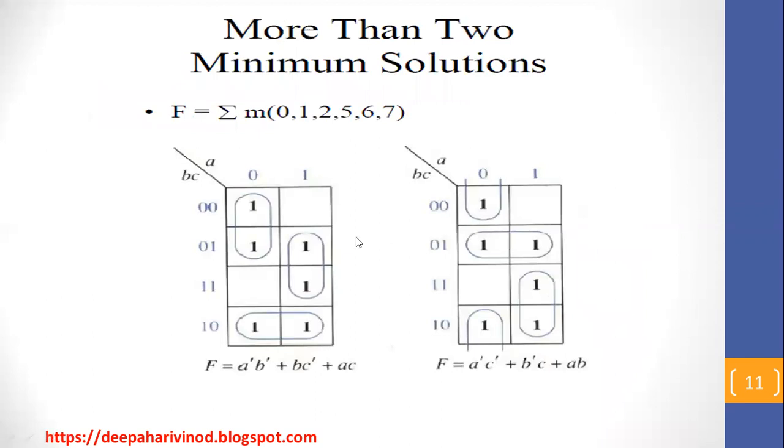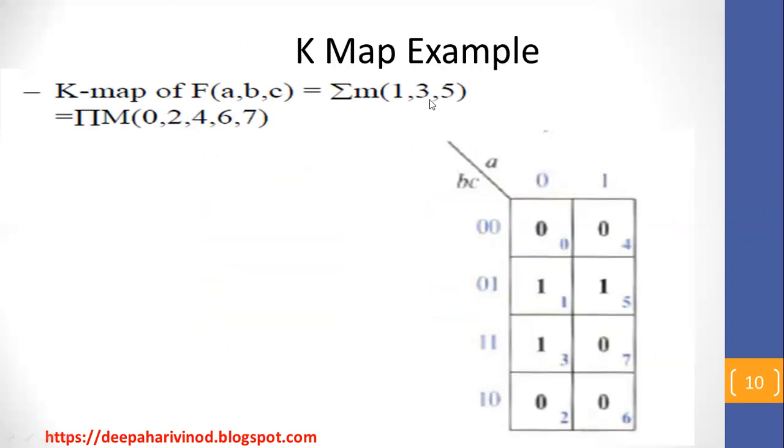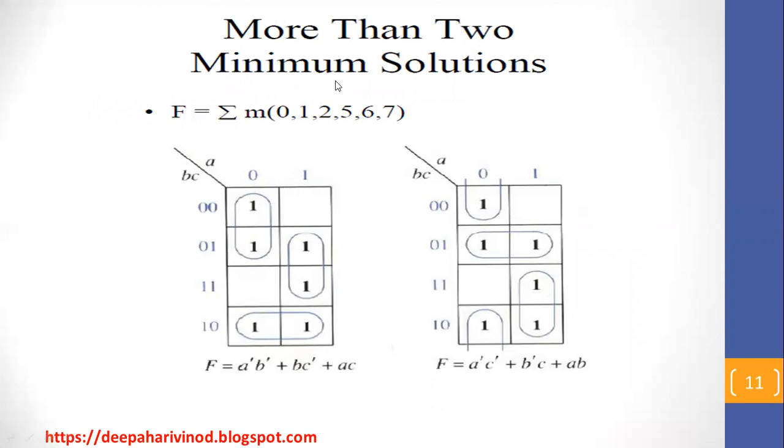See here, I have an example that will have more than one solution. So f equal to summation 0, 1, 2, 5, 6, 7. All those are marked with ones.